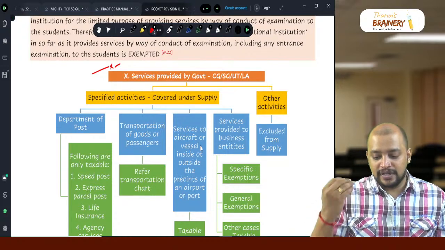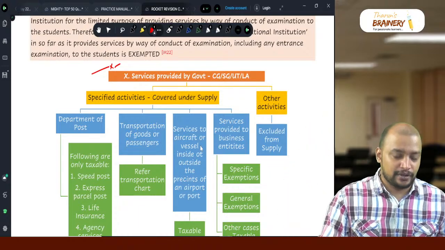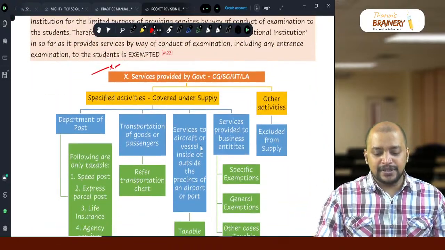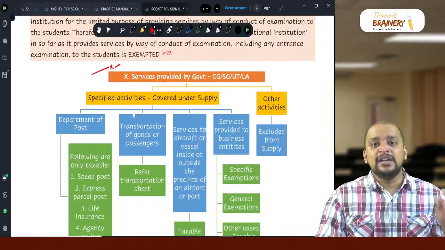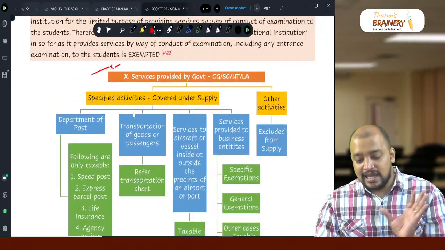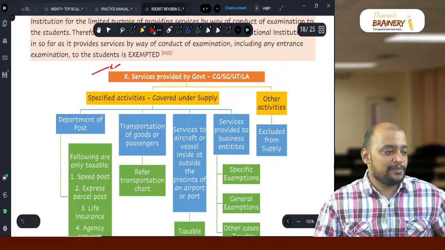Now let's focus on whatever we have completed so far. This is about exemptions. Up to education we have seen. We'll take a break and thereafter we will resume and discuss from services provided by government.